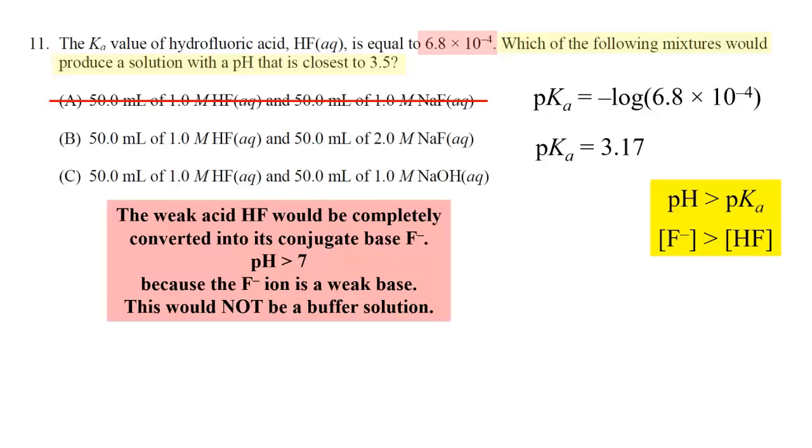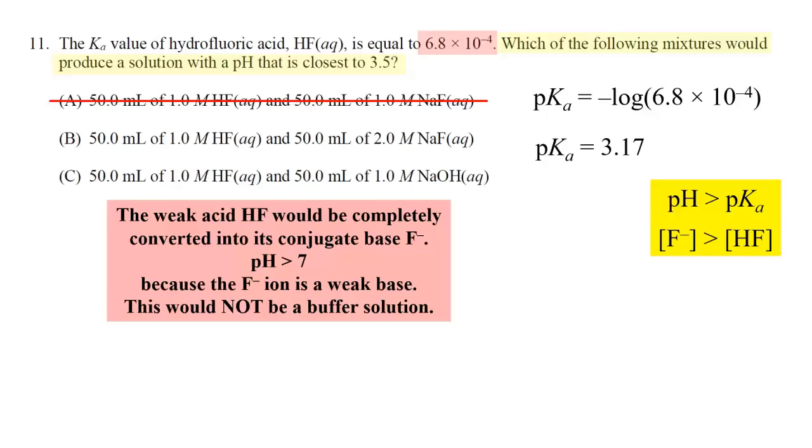If I combine equimolar amounts of HF and the hydroxide from sodium hydroxide, then this weak acid would be completely converted into its conjugate base, F minus. So this would not be a good buffer solution. In fact, it would turn it into a solution of fluoride, and because fluoride acts as a weak base, that pH would be greater than 7, so not 3.5.